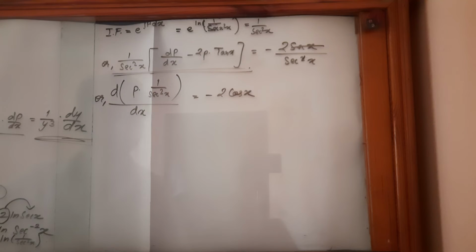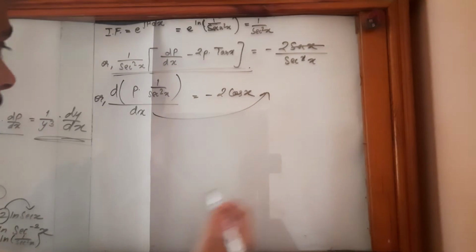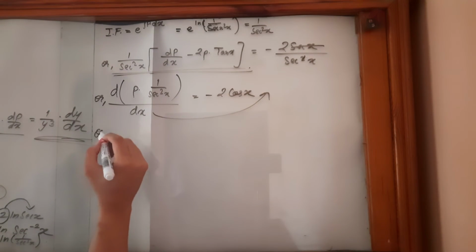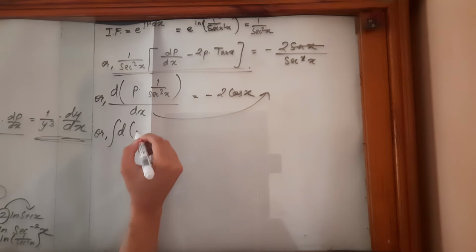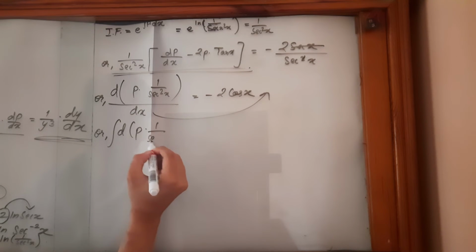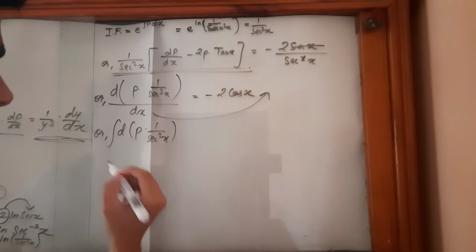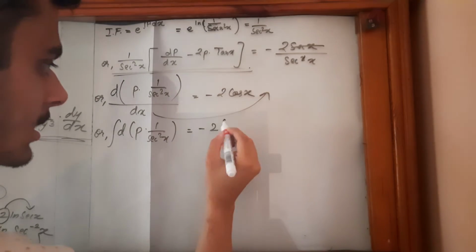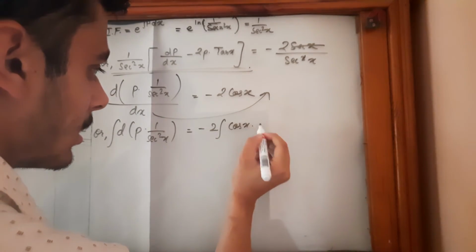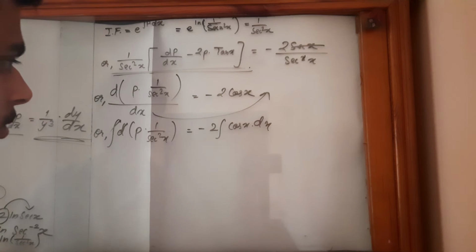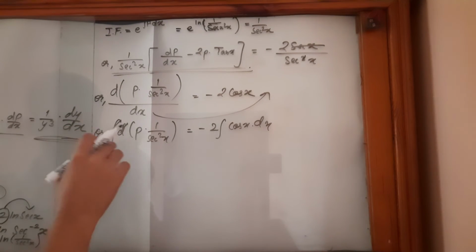It's of no harm. Now let's send this dx over here and integrate both the sides. Let's be quick. I've already told that the effect of integration and derivative is just opposite in nature.